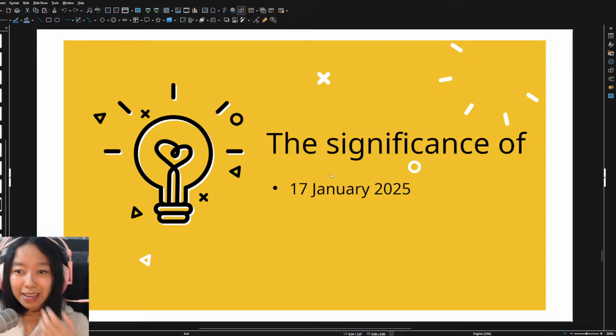So that's what I remember about 17 January 2025, which I completely forgot until Copilot reminded me that this date is important for me. At least it was Copilot, I think, that told me 17 January happened, and I had to look back into my own gallery to see what actually happened on 17 January.